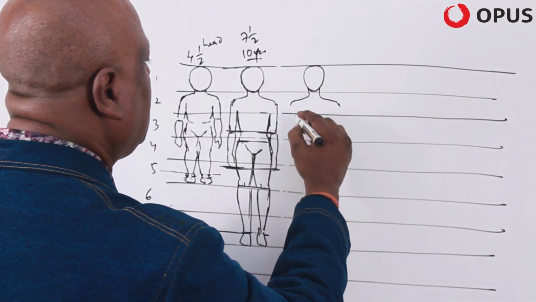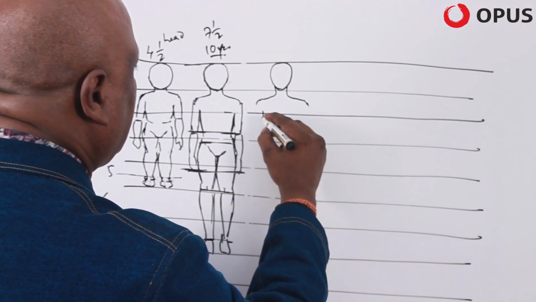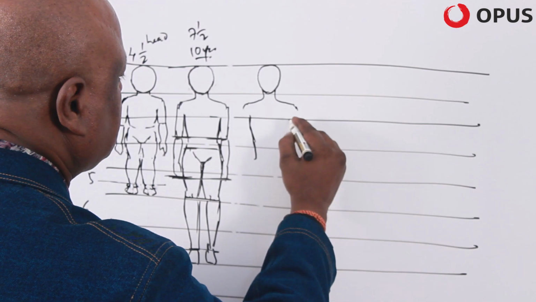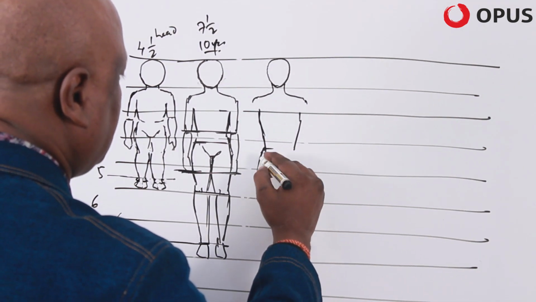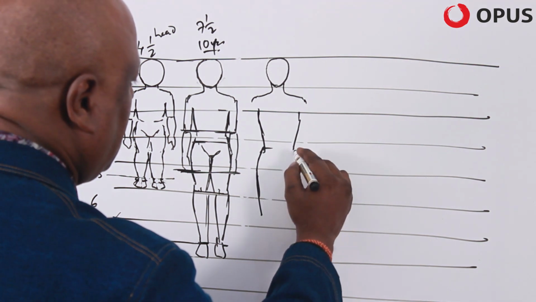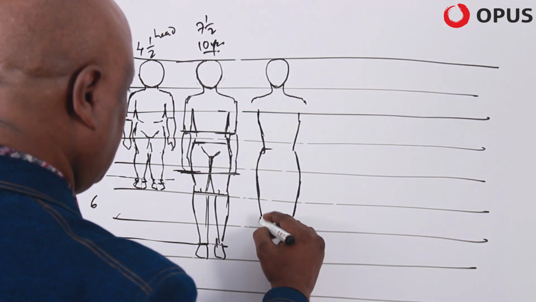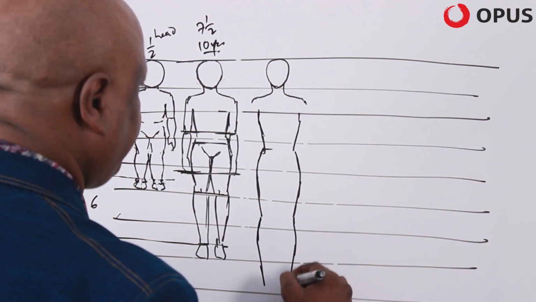It looks mature, right? Let me make a male or female, doesn't matter much over here. I'll just show the body structure. As you can see, this is the waist defined, this is the hip defined. Here, try to make it like this.